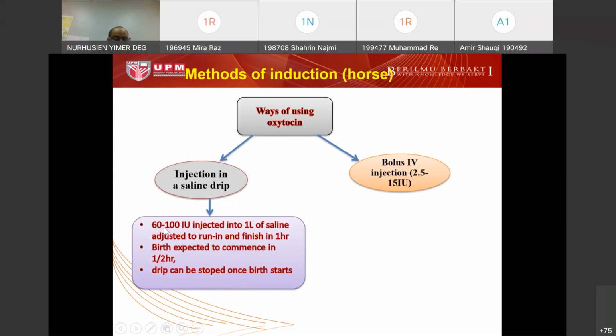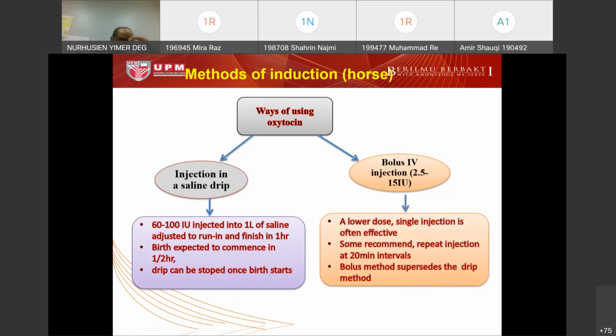That is about 6 international units per minute rate of flow. We expect the delivery to commence within half an hour, and the moment you see the parturition process started, you can stop the IV drip.